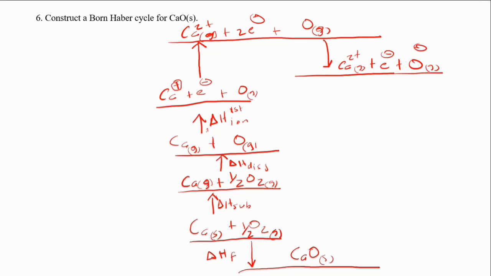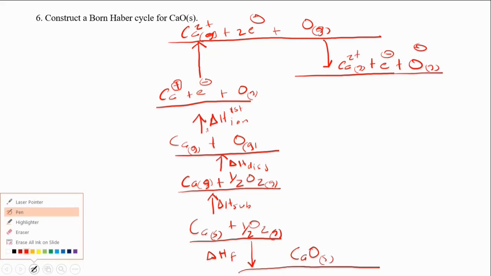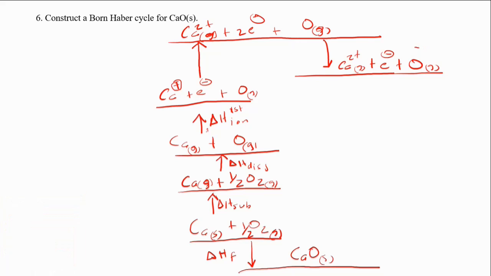Alright, that's our O minus gas. Let's carry this minus sign a little bit closer so you don't get confused. Okay, first electron affinity. So this is delta H AFF1. Over here is delta H ion second.